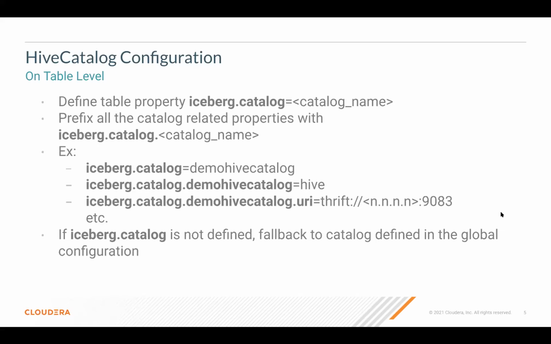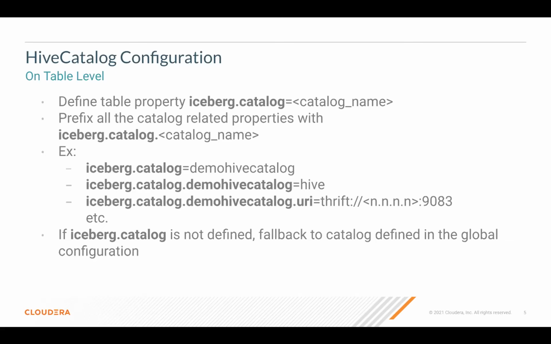Well, yeah. And after this setup, when the query is executed, involving a table having this table property, and the catalog is about to be instantiated, we collect all these prefix properties and use them to properly initialize the catalog.